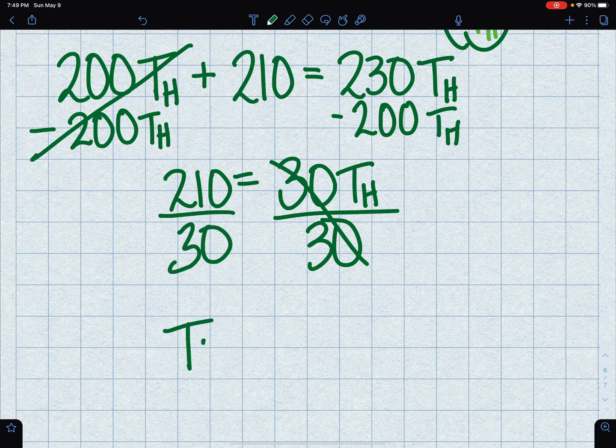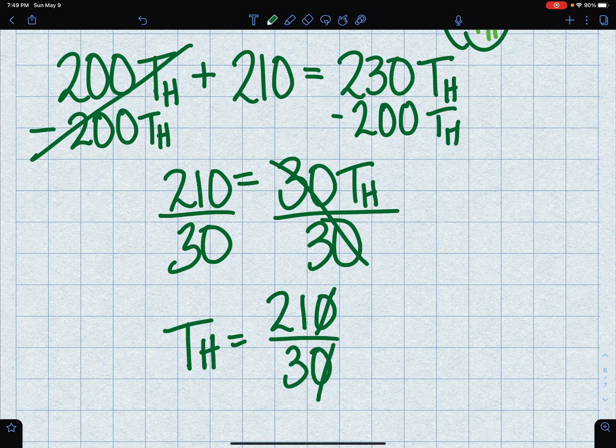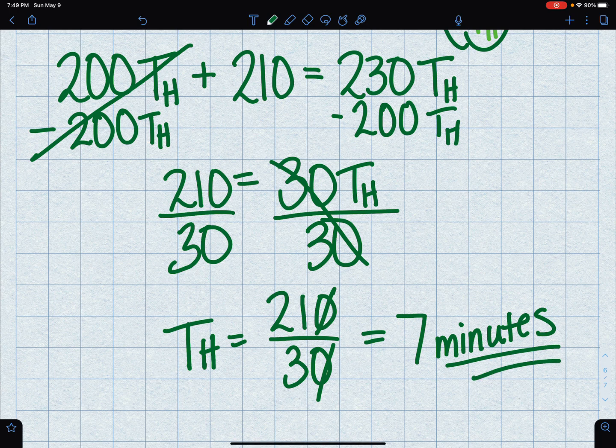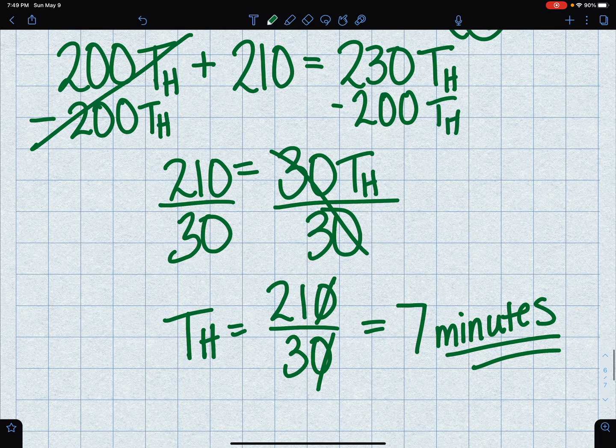TH is equal to 210 over 30, which simplifies, let's get rid of those zeros, 21 divided by 3 is 7. And what's our units? They told us the rate in meters per minute, so the units is minutes, not hours this time. You have to get the units right. That's important, or you don't get the problem right. So Jeanette's going to be a full lap ahead of Harry in 7 minutes.